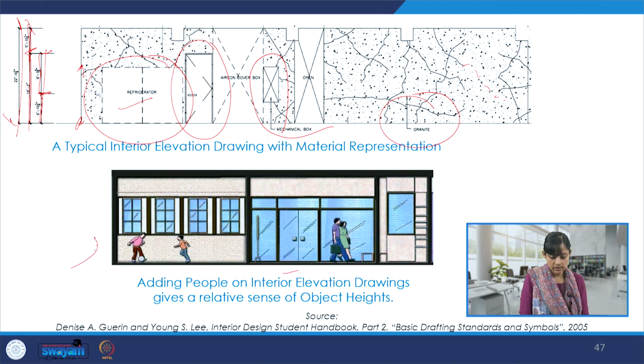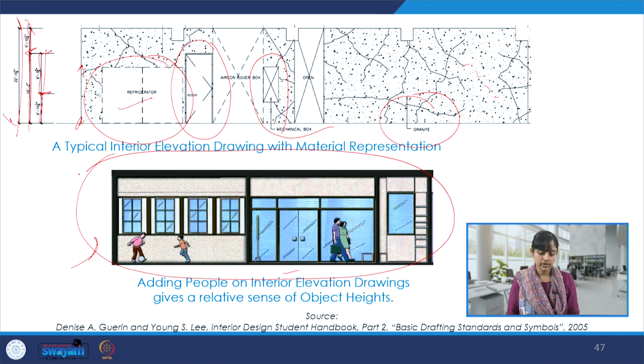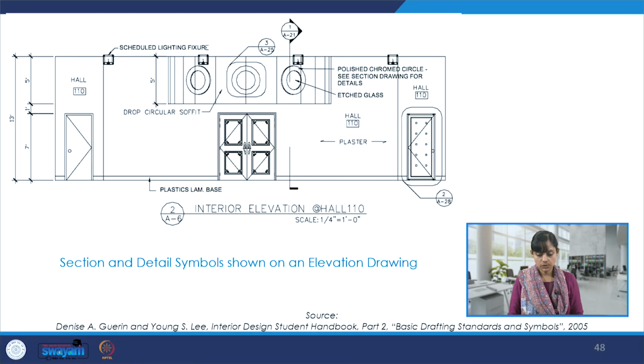And here we also have a render. So it is also an elevation, but it is explained very graphically through renders and human symbols and color coordination. This one is another one, and here also we have a lot of information.